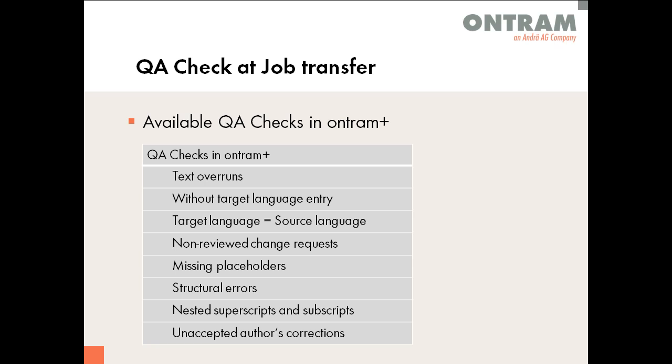The nested superscripts and subscripts QA check looks for nested superscripts and subscripts in the text, meaning words that are marked both as superscripts and subscripts such that they are displayed incorrectly. If nested superscripts and subscripts occur in the text, they are marked by the QA check. The unaccepted author's corrections check will highlight all segments where author's corrections have not been adopted by the user.